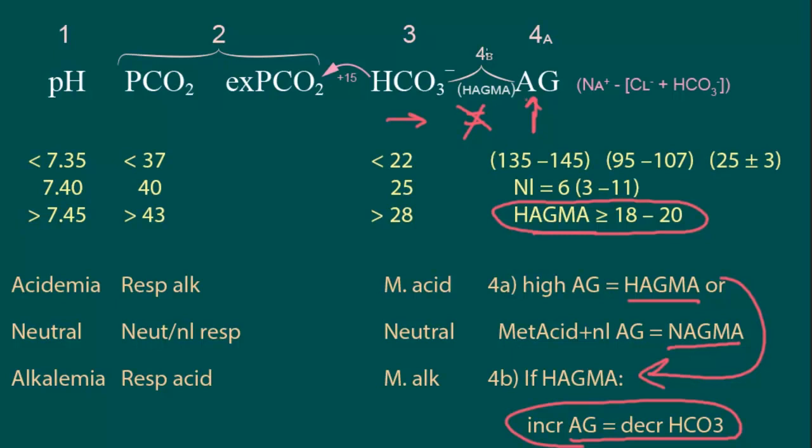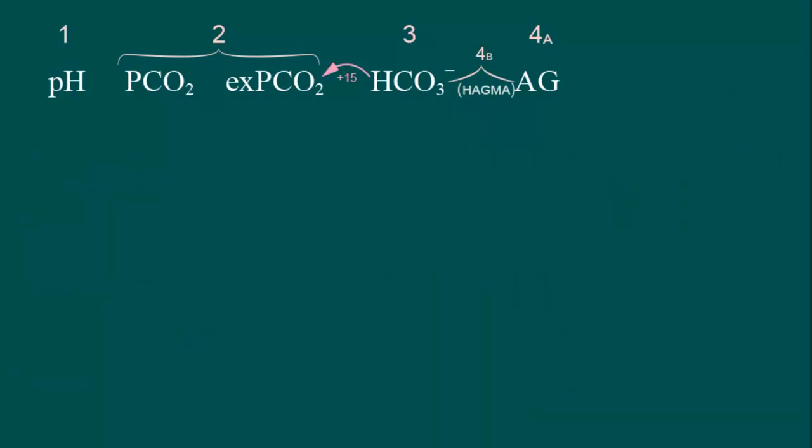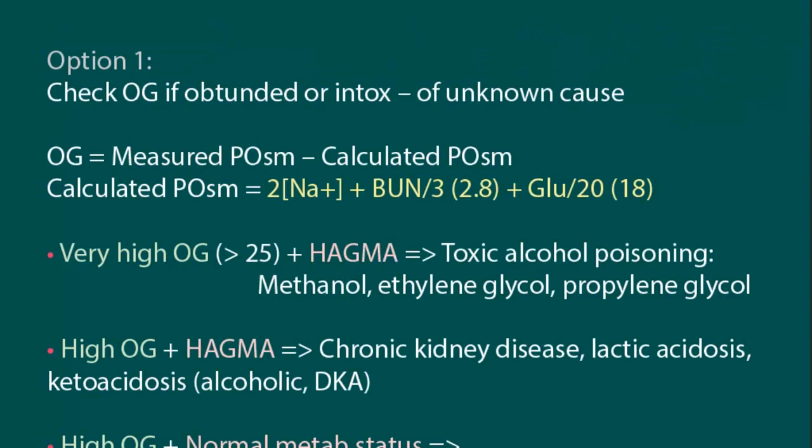So that there is the 4-step method. Now, there are 2 options that you need to do sometimes. We'll call it option 1 and option 2. The first one is if the patient is obtunded or intoxicated and you don't know why, you do an osmolar gap. You're familiar with this. High osmolar gap metabolic acidosis means that it's probably a toxic alcohol, especially if the osmolar gap is greater than 25.